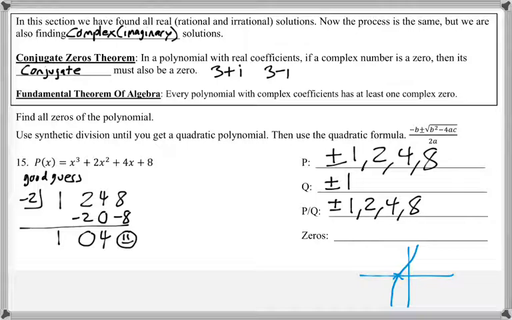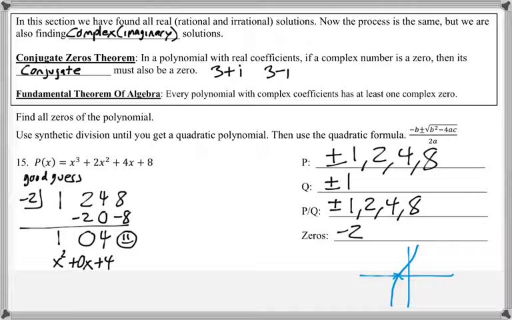So I can officially declare -2 as one of my zeros. And we now have a quadratic. This is x squared plus 0x plus 4. Once you get it down to a quadratic polynomial, then you should use the quadratic formula.